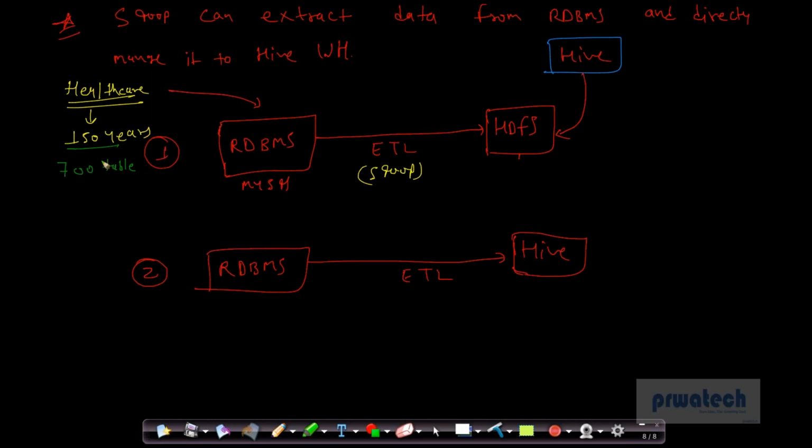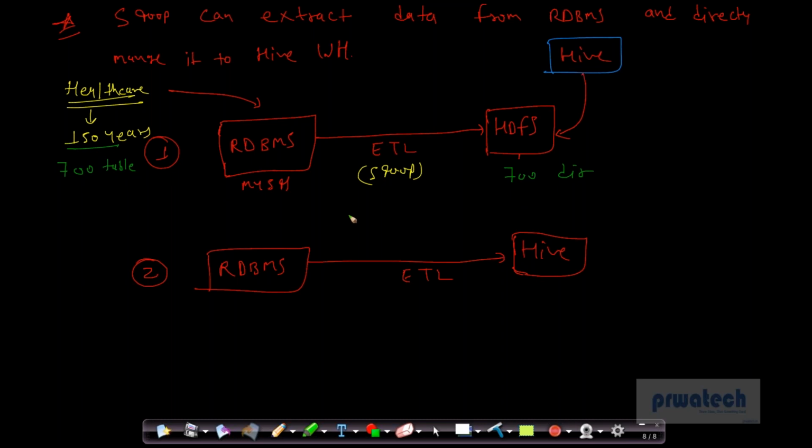I've categorized these tables and stored only those information which I'm looking for. Now if I extract all these 700 tables, it will create 700 new directories in HDFS, right? If I do import all tables, it will take all the tables and write them in HDFS.